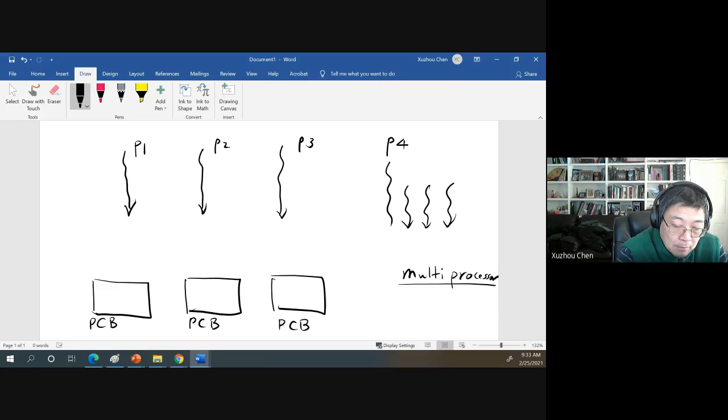In that case, we use multiple processors, like a multi-core system with 2 cores, 4 cores, or even 8 cores. If you have multiple processes, then you can allocate different processes to different processors.